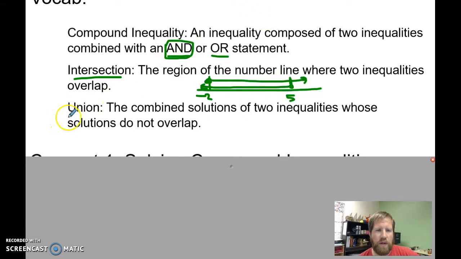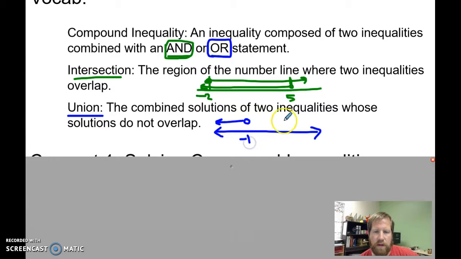When we have a union, that's going to be our connection for our OR inequality. So that one would be if we have a number line and we had a solution that was, say, from here lower, we can call that -1, and then from over here up, we can call that 2.